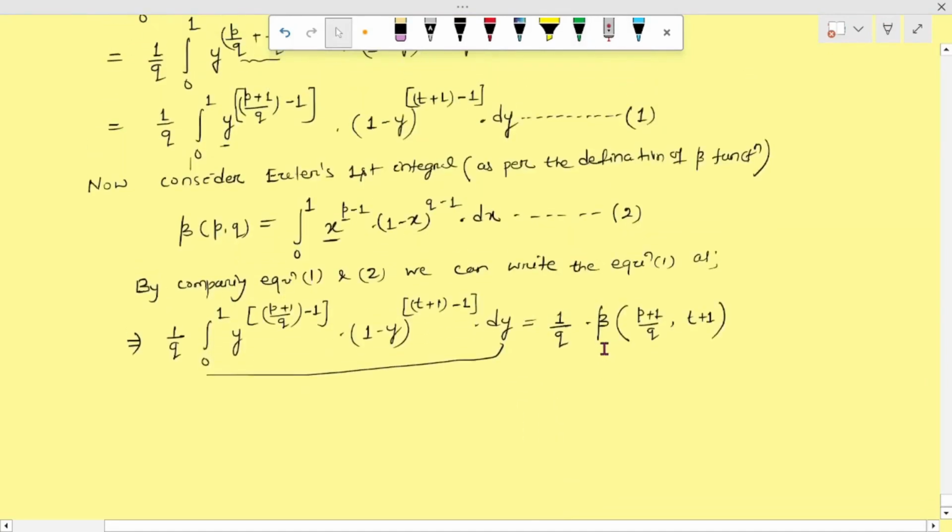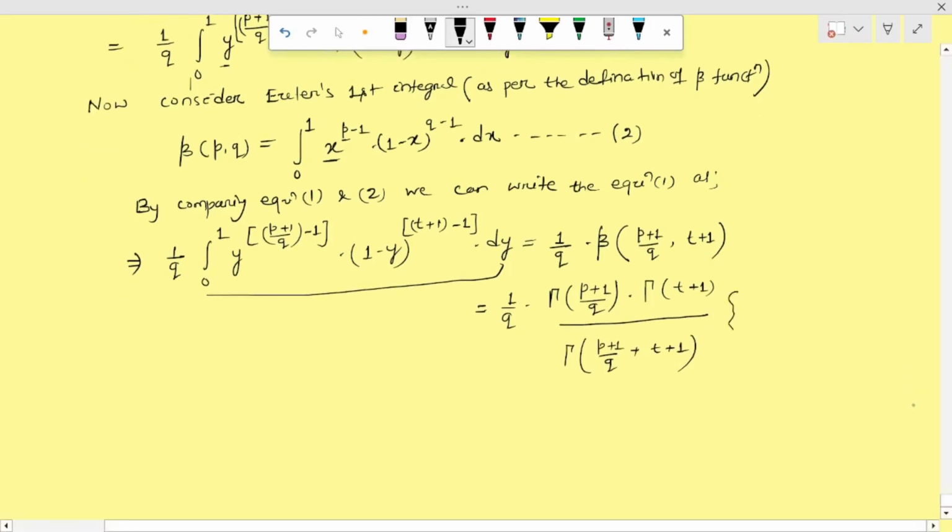That implies, this is a bit long, so let us solve it here. It is equal to 1 by q, and this one can be written as gamma of p plus 1 by q into gamma of t plus 1, whole divided by gamma of p plus 1 by q plus t plus 1, by using the relation between beta and gamma function, that we know beta pq equals gamma p into gamma q by gamma p plus q.